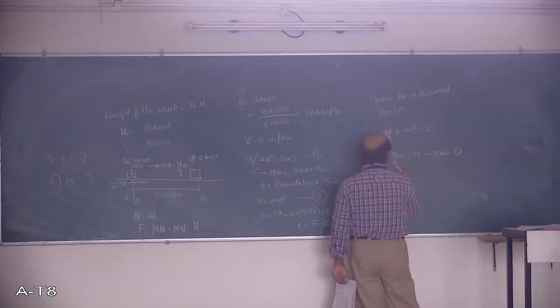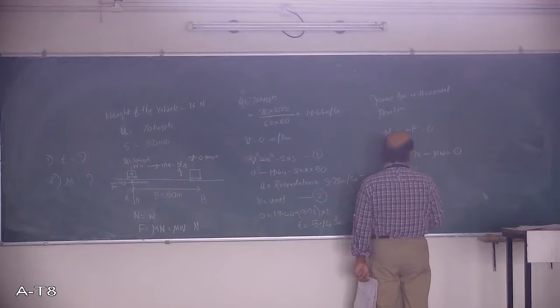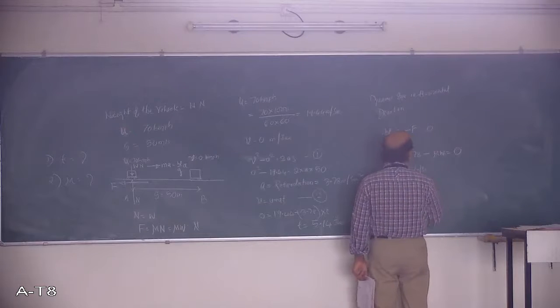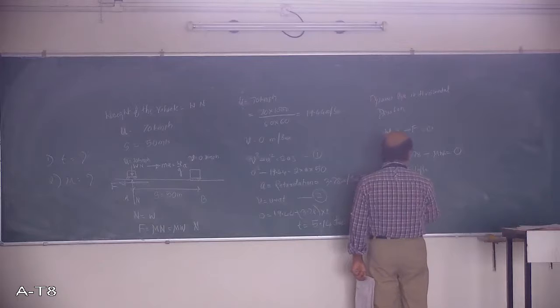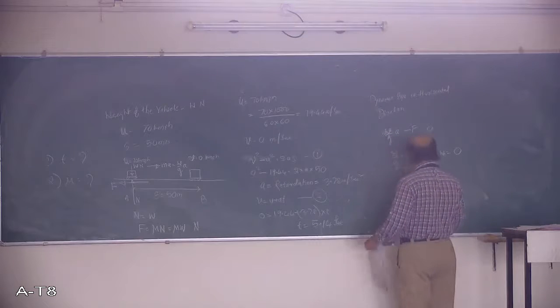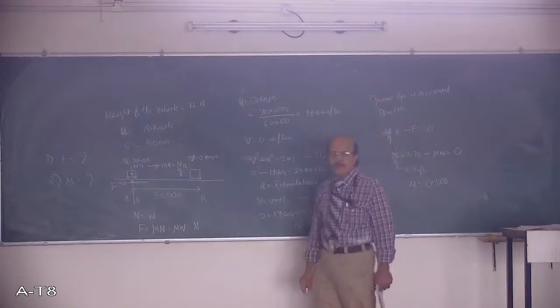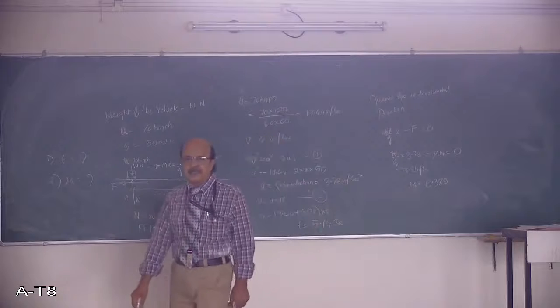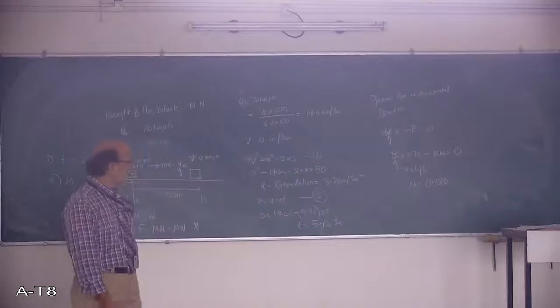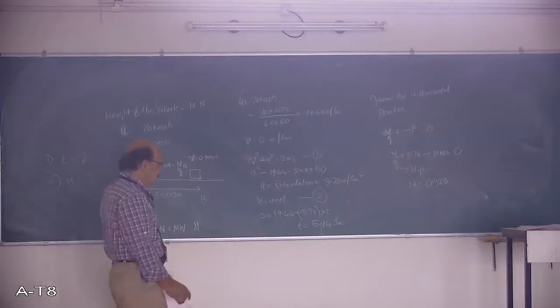And g you take as 9.81 meters per second squared, substitute that and solve it for mu. You will get mu equal to around 0.385. That is the coefficient of friction between the tire and the road pavement surface.